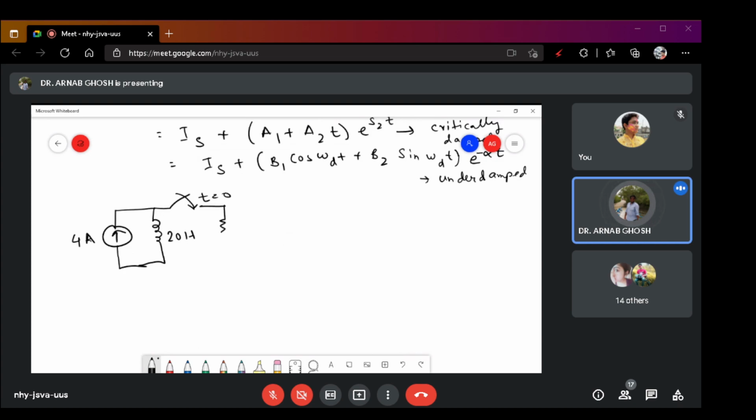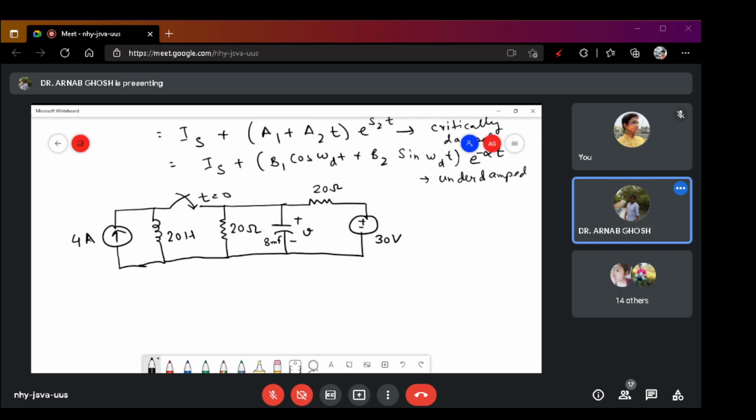Then you are having a resistance here which is 20 ohm. Then you are having a capacitance here. The value of the capacitance is 8 millifarad, and the voltage across this is V. And then you are again having a resistance of 20 ohm, and a voltage source of 30 volt.